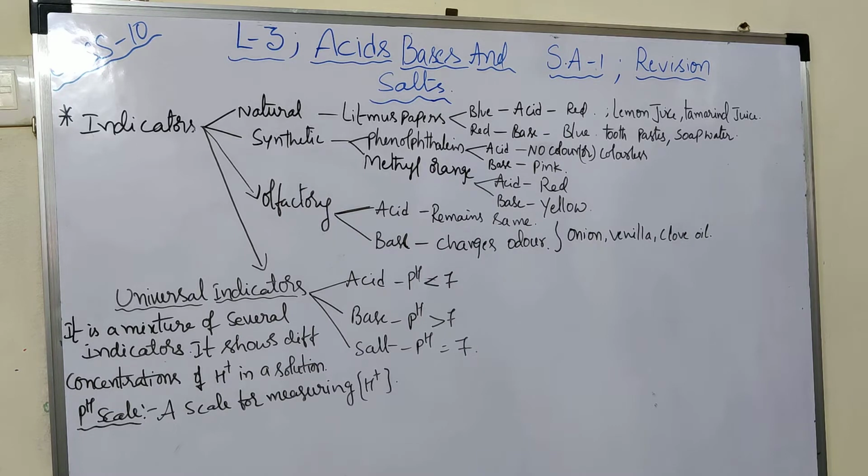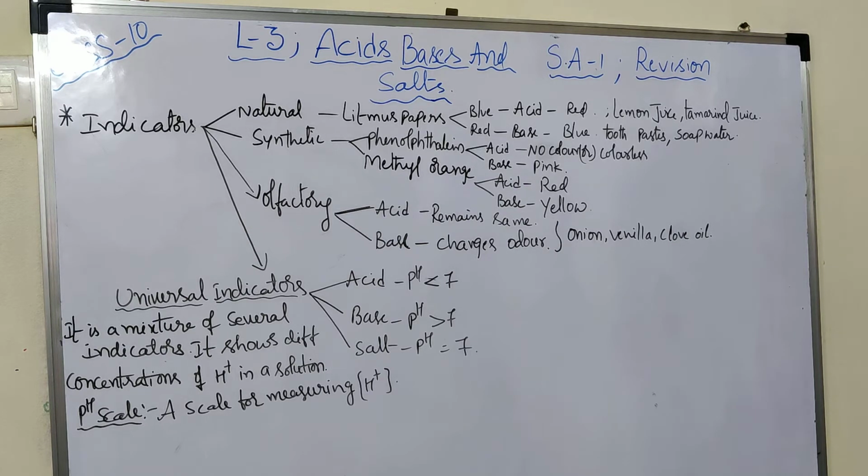What is a universal indicator? It is a mixture of several indicators, and it shows different concentrations of H plus ions in a solution. When you use this universal indicator in any solution, it gives the hydrogen ion concentration in different colors.